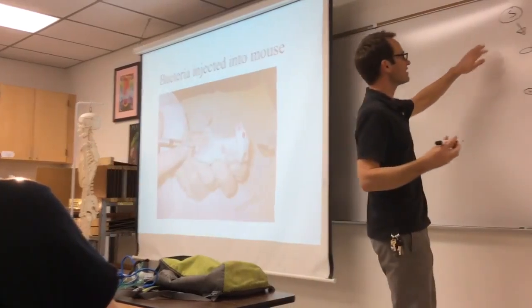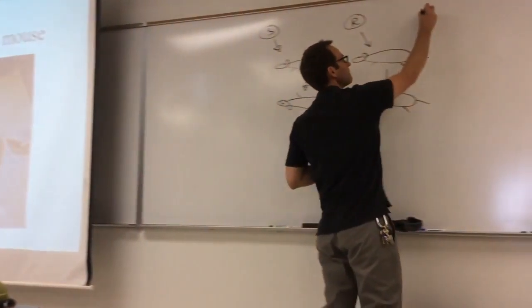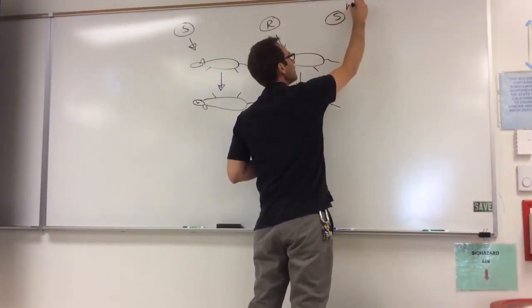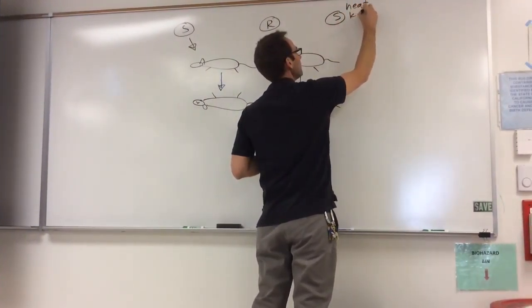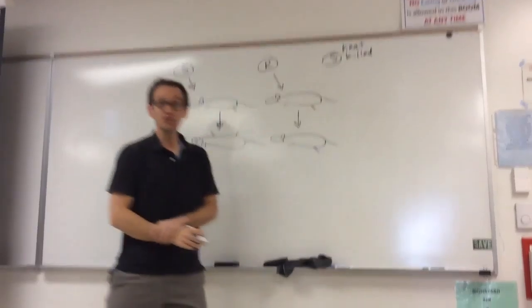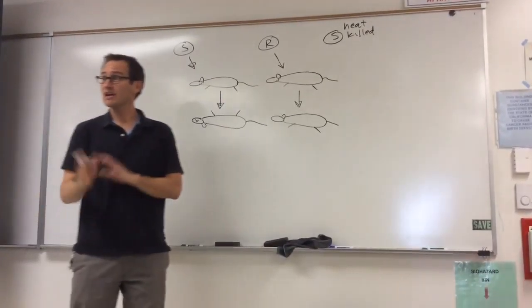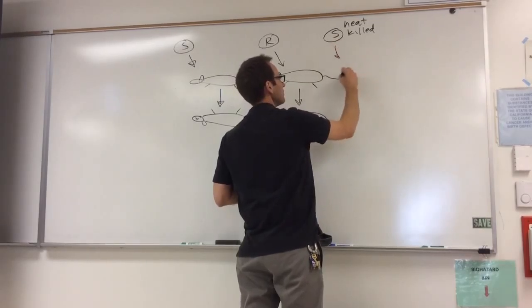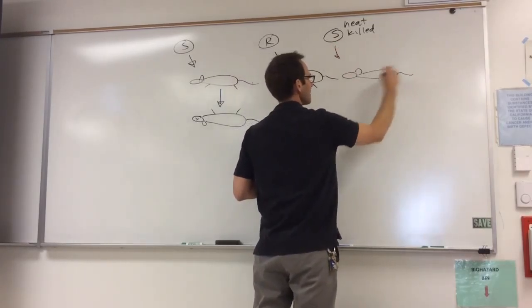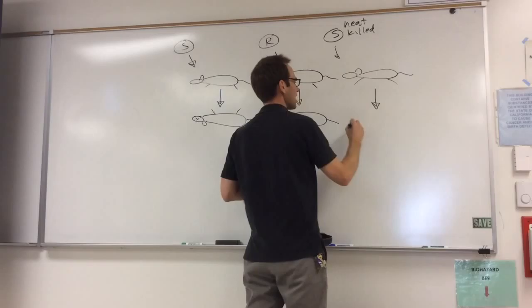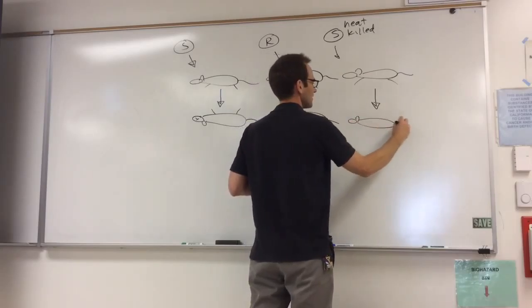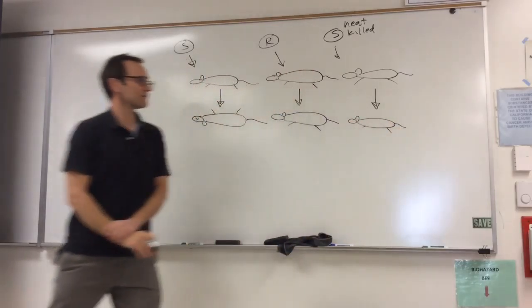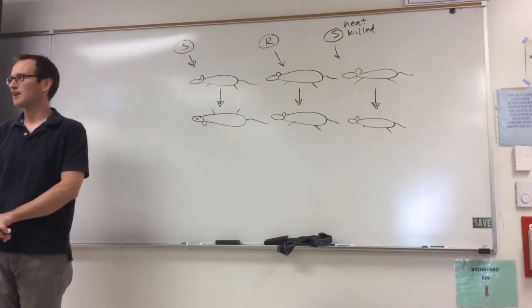So if you take these same S bacteria, and you heat them up until they are killed, so they're dead, it's probably no surprise to you that if you introduce those to the mice, there's no problem. The mice are fine.